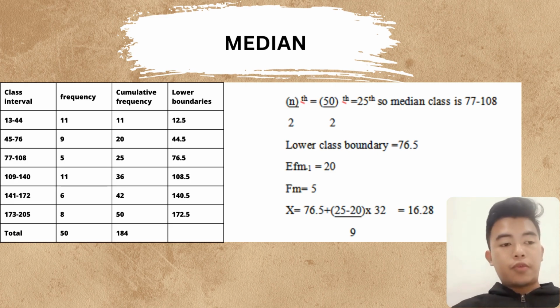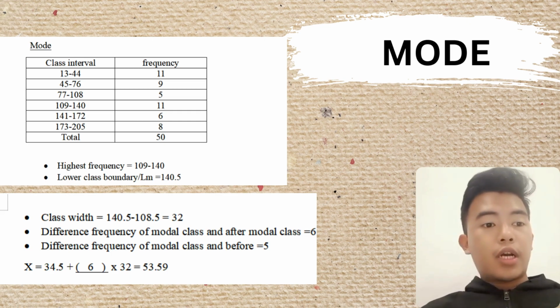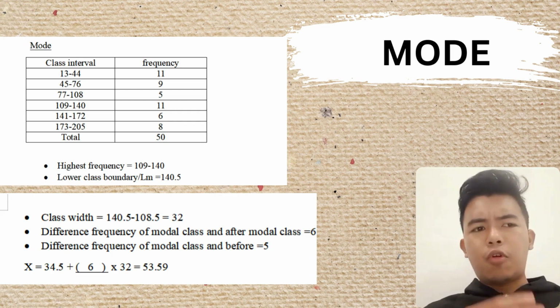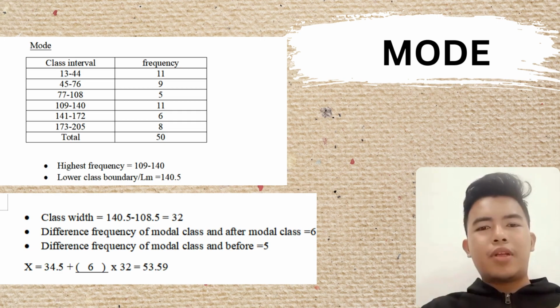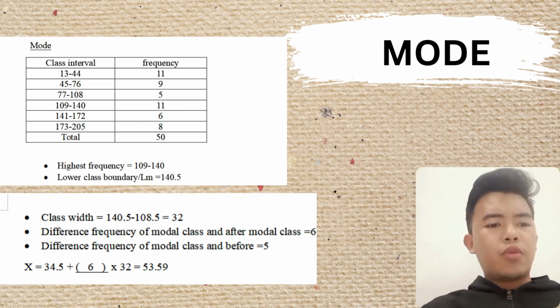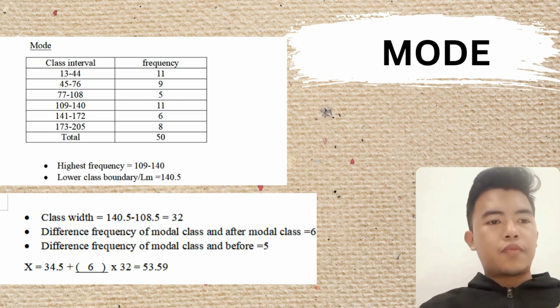As for the mode, this only needs this table, because to find the mode you only need the frequency total and class interval. As you can see here, this is the lower boundary.